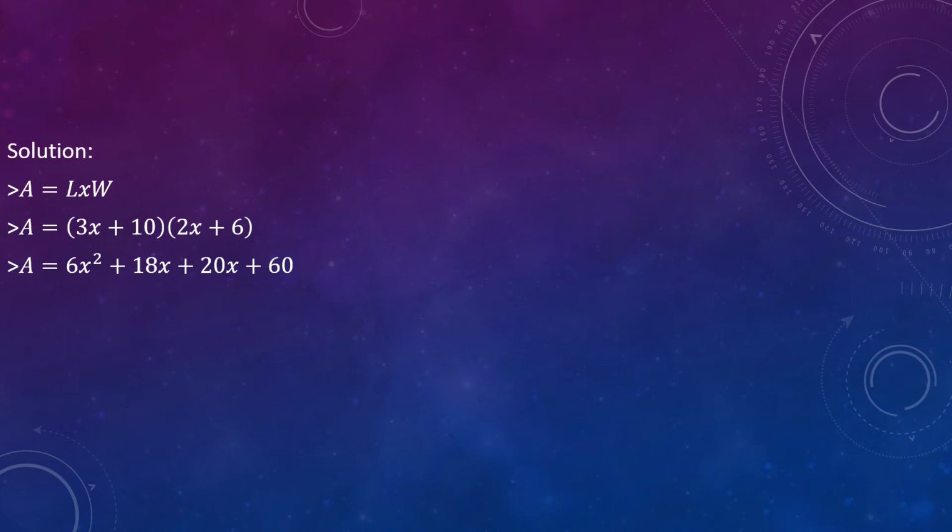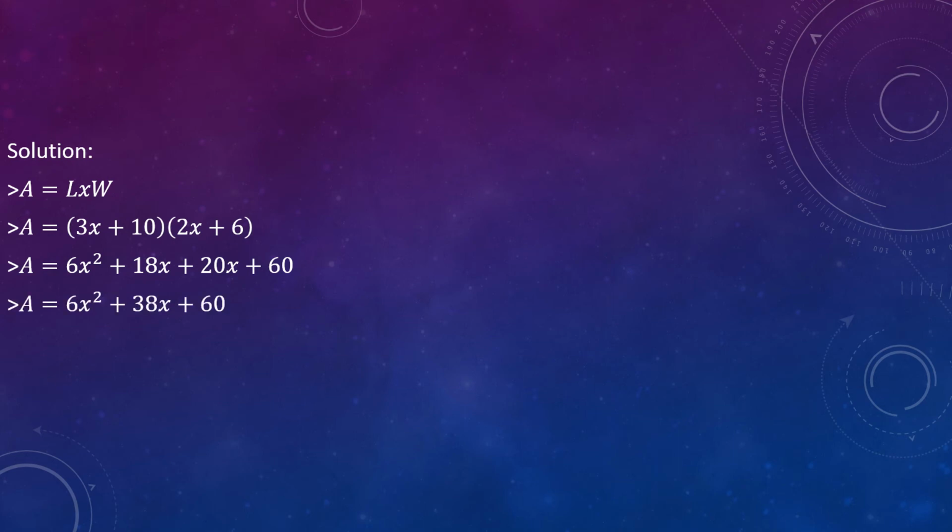6x squared because 3x multiplied by 2x is equal to 6x squared. And added to it 18x because 3x multiplied by 6 is equal to 18x. And 10 multiplied by 2x is equal to 20x. And for the last term, which is 60, 10 multiplied by 6 is equal to 60.